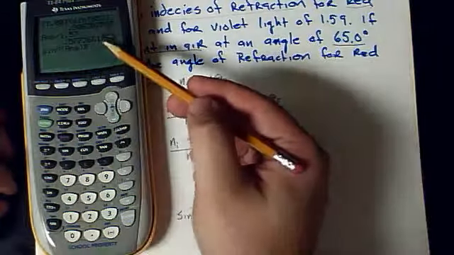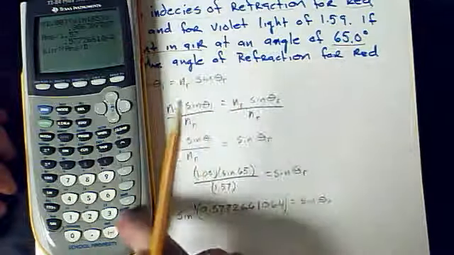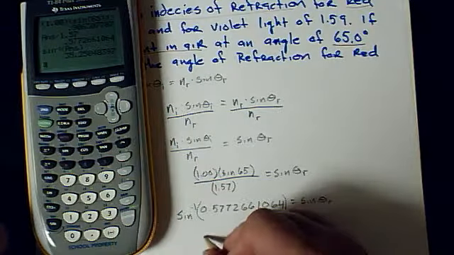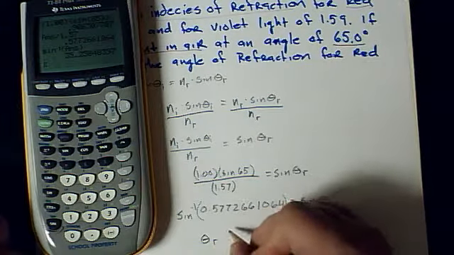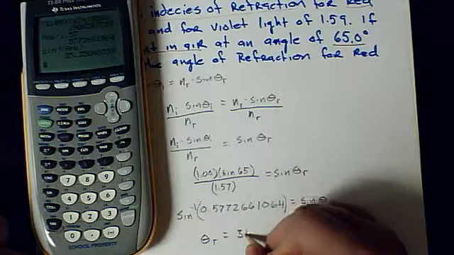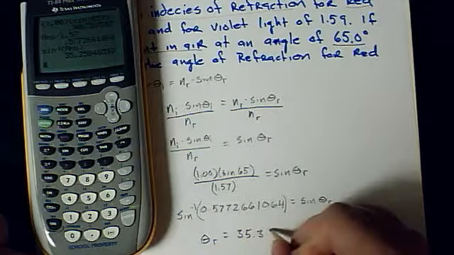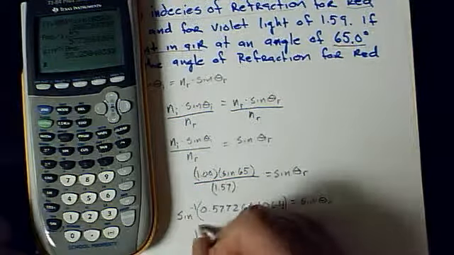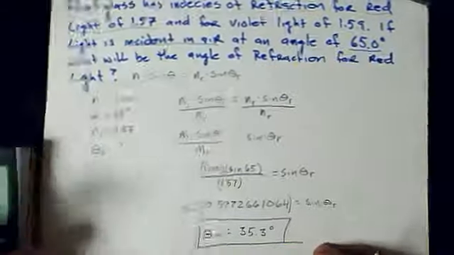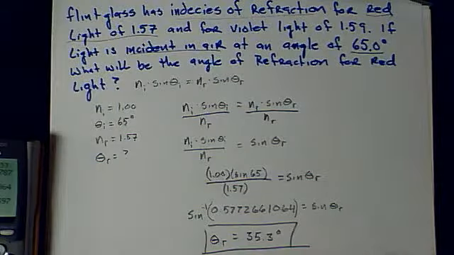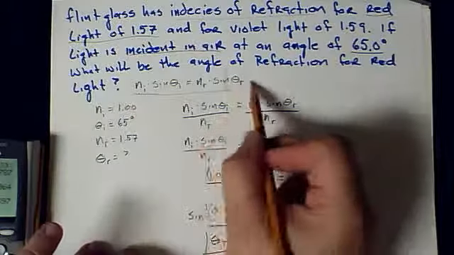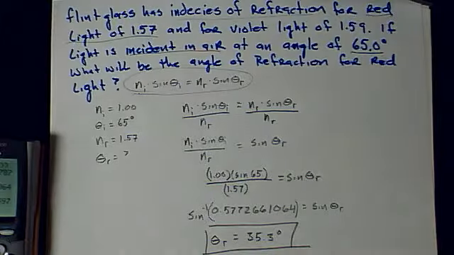So I'm going to take the inverse sine of this number. Boom. So my theta r is 35.3 degrees. And there you go. That's how you would solve a Snell's law problem. This is Snell's law right there. Woohoo.